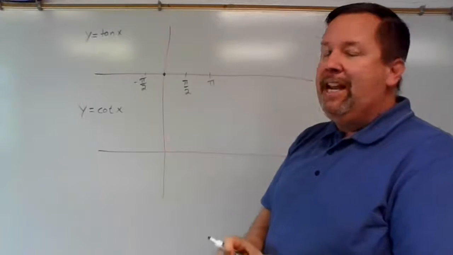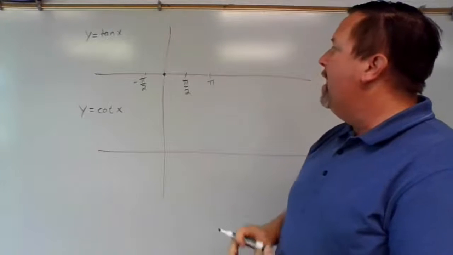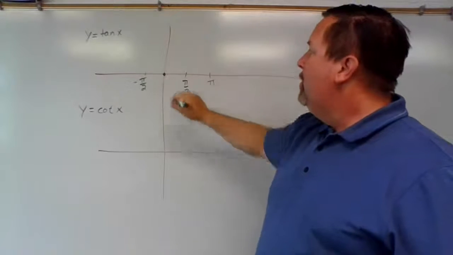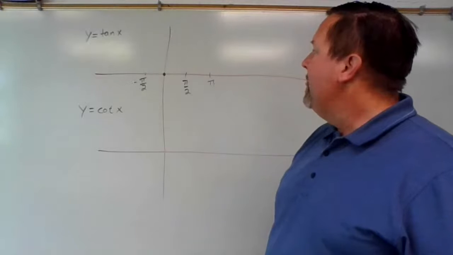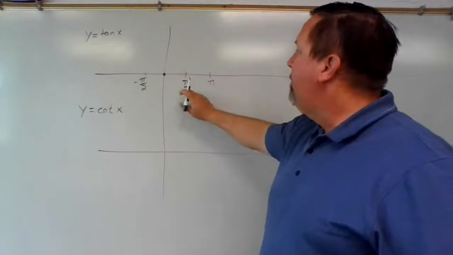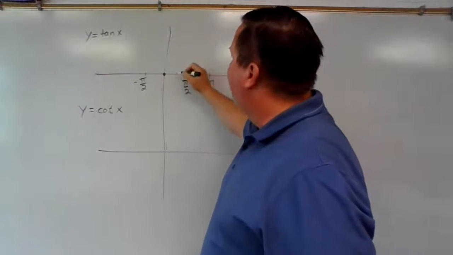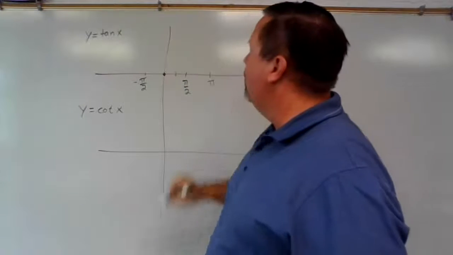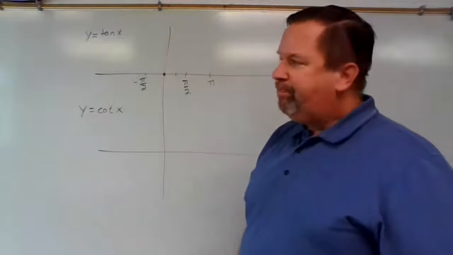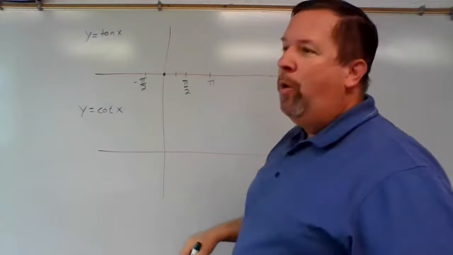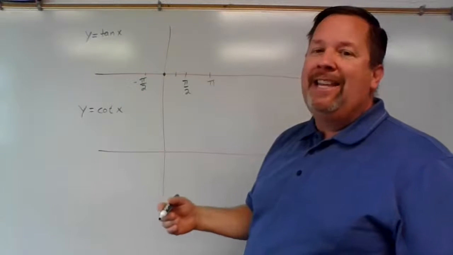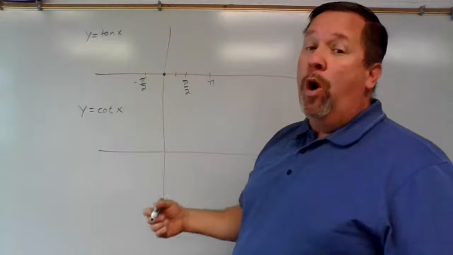That's going to be a little bit easier to see what's going on because at 0, tangent of 0 is 0. All right, at pi over 4, that's 45 degrees. Maybe some of you guys remember that. But at pi over 4, you can look at your wheel again. The tangent is actually 1.